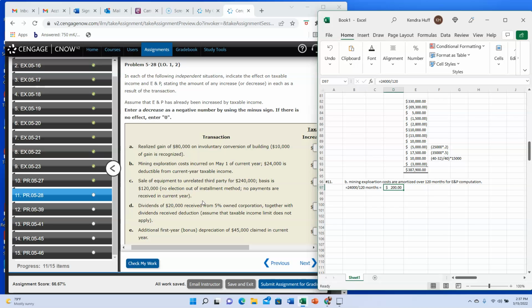This was done in May, so May, June, July, August, September, October, November, December. So 8 months have gone by. So $1,600 is deductible for E&P.